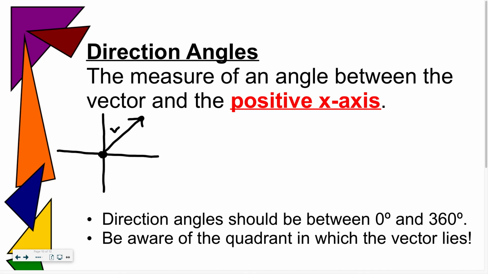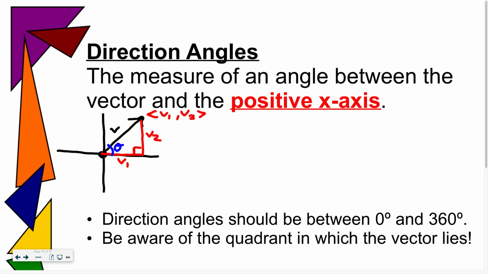We're going to see this a lot coming up here in chapter 6. Do you agree that for this particular vector, it has some horizontal component, v sub 1, some vertical component, v sub 2? Okay. What did I just create right there? A beautiful right triangle. And we want to find the angle between the vector and the positive x-axis. So here's my vector. My positive x-axis is here.